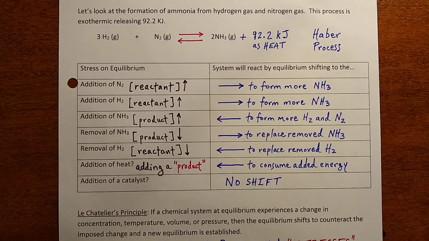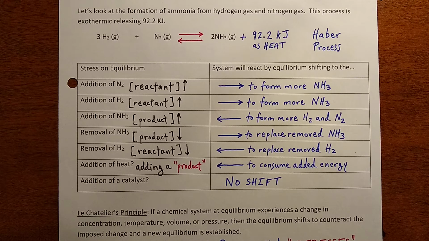So the industries had to come up with a way to say, okay, we need to run it at a temperature that isn't too high, but high enough that we actually get some ammonia produced. And so they had to have a balance between temperature and also pressure. I believe the temperature at which the reactions run is about 400 to 450 degrees Celsius.